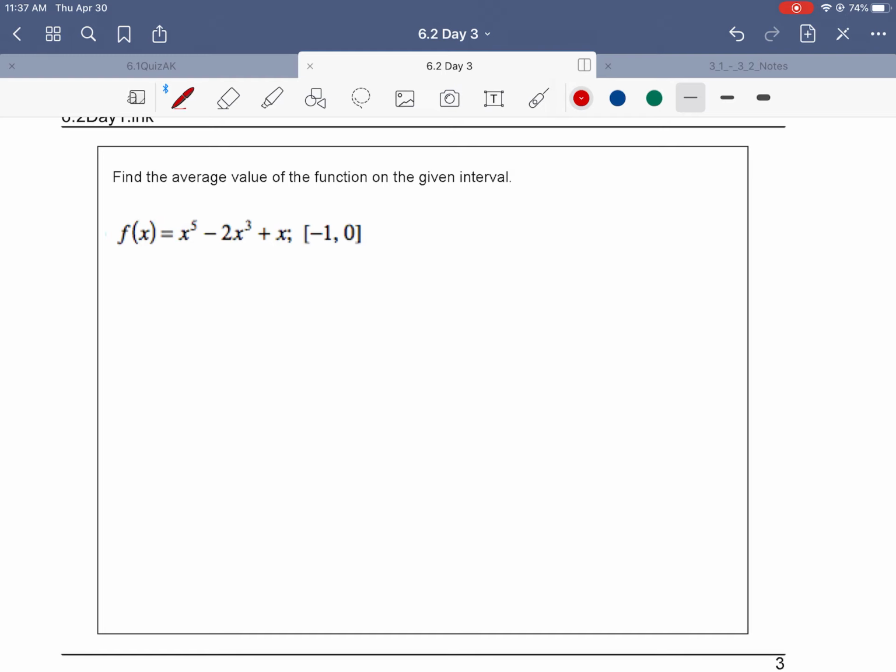Second one. Again, just as simple as take your function, 1 over b minus a out in front, 1 over 0 minus negative 1, so it goes to plus a positive 1, from 0 until negative 1, of x to the 5th minus 2x cubed plus x dx. So the 1 over b minus a part is just a 1, so we don't really need that.